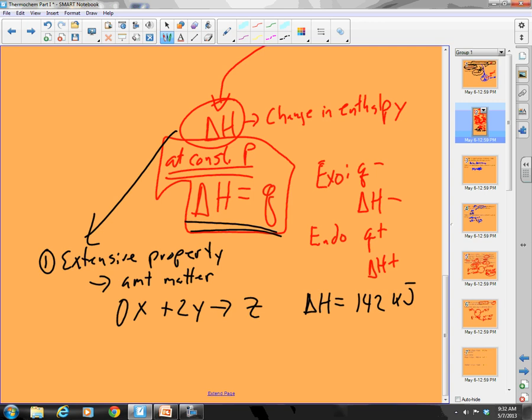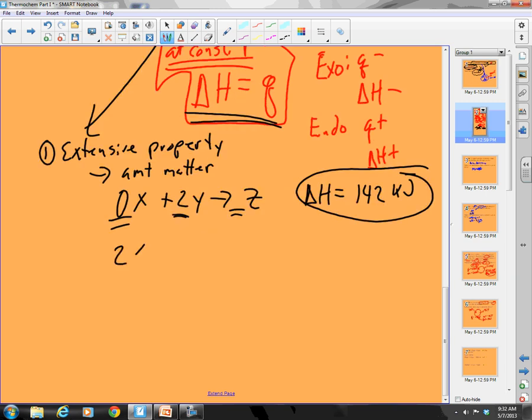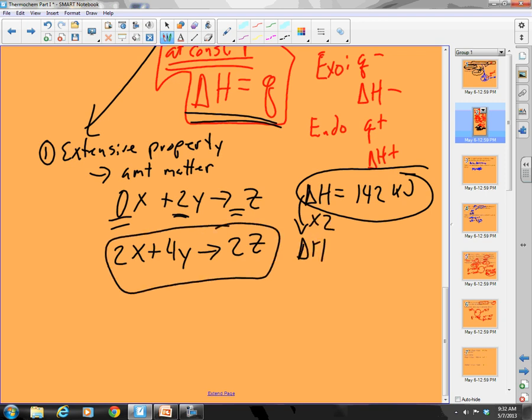Well, that means 142 kilojoules for 1 mole of X and 2 moles of Y and 1 mole of Z. If I double this, 2X plus 4Y yields 2Z, that means I have to take this number and multiply it by 2. So the delta H for this reaction is 2 times 142, which is 284 kilojoules.